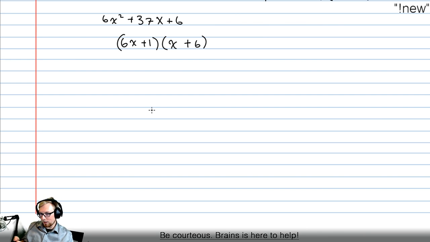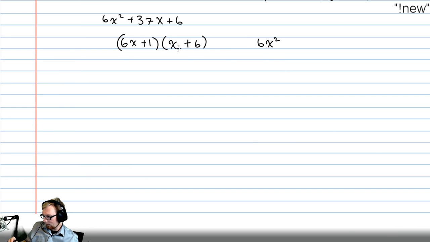Okay, so you did it without me. And let's just FOIL it out and make sure you're right. 6x times x is 6x squared. 6x times plus 6 is 36x. Good. And then 1 times x is 1x for x by itself. And then plus 6. Looks right to me.